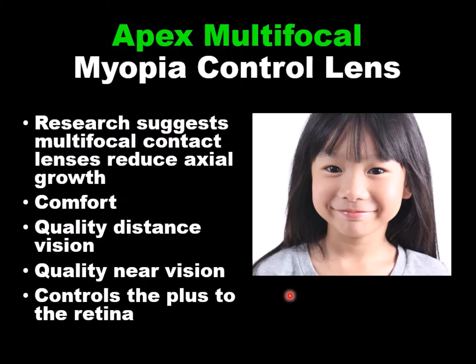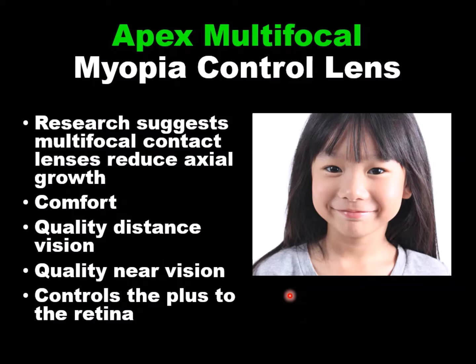Now, in the application of myopia control, research has suggested that multifocal contact lenses reduce the axial growth. So by placing our kids into multifocal lenses, that plus that's created by pushing add into the eye and distributing it across the retina seems to produce a stop signal for eye growth or a slow down signal for eye growth.